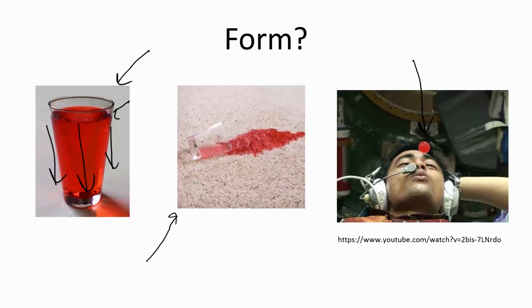If you take it away from the physical shape of that container, it's still going to be pulled down by the force of gravity. It might spread out a little bit, but it's basically being pulled down into whatever it's in contact with. In space, however, you can see this little globule, and we'll watch a video here in a second that shows this.